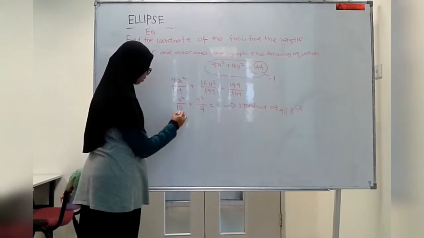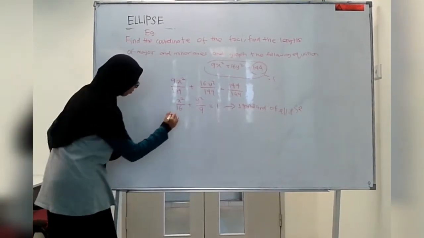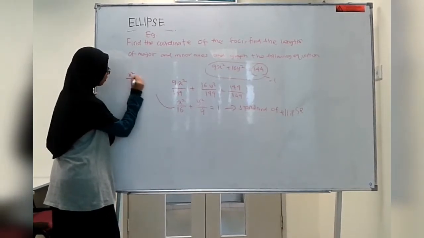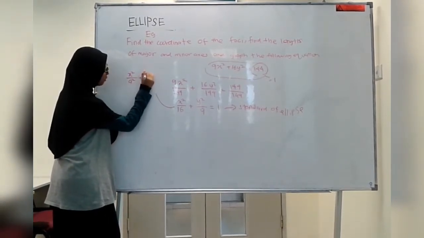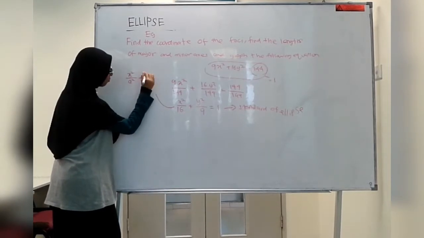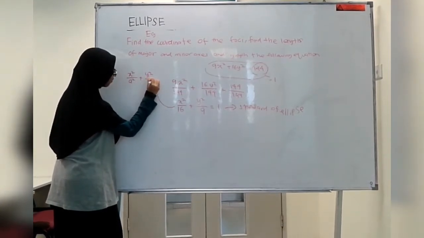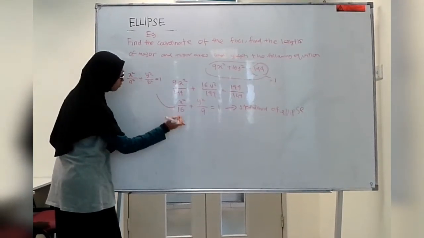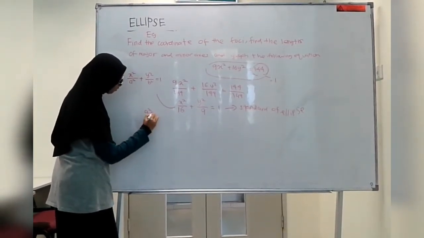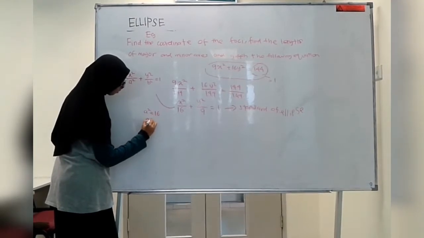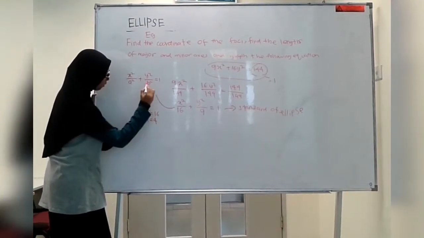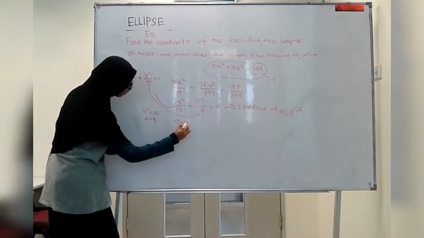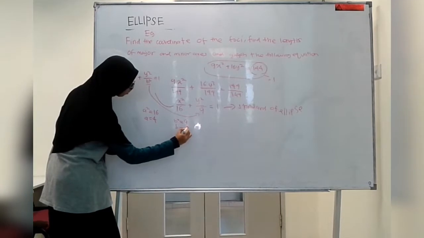From here, we can compare with the standard equation form, x squared over a squared plus y squared over b squared equals 1. So a squared we compare with 16. So a squared equals 16, a equals 4. And then b squared we compare with 9. b squared equals 9, and b we get 3.